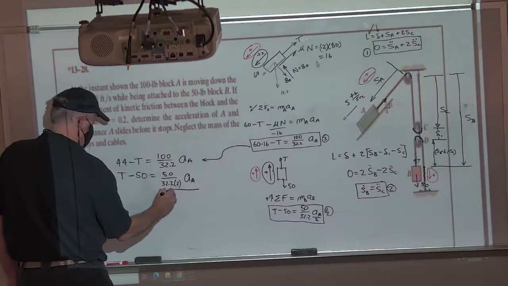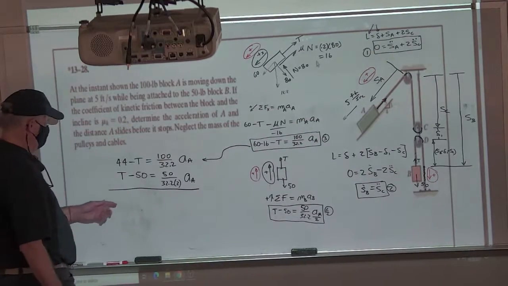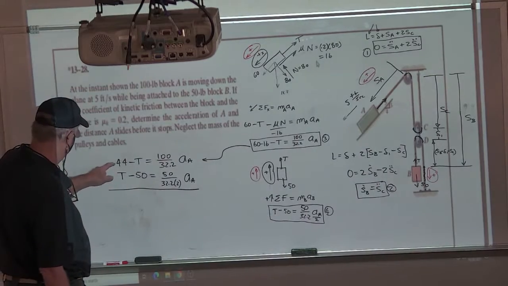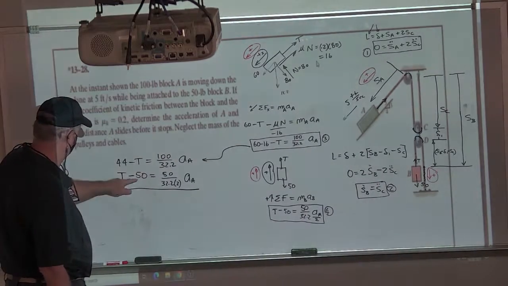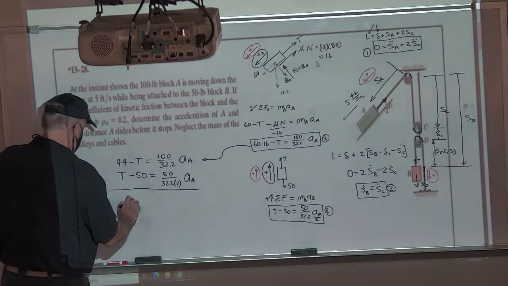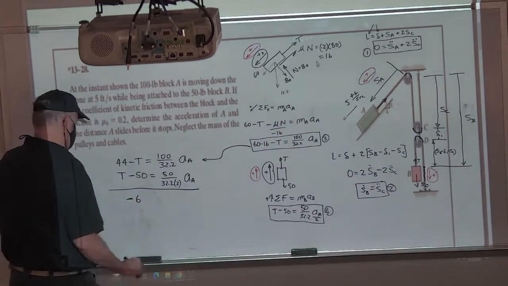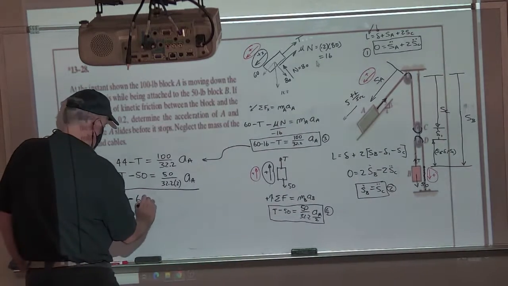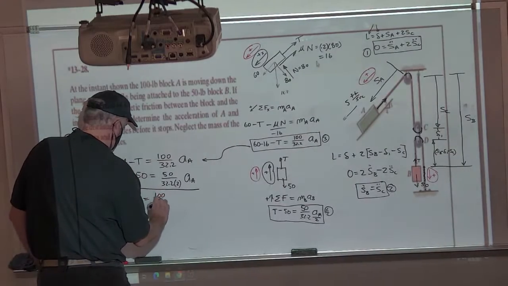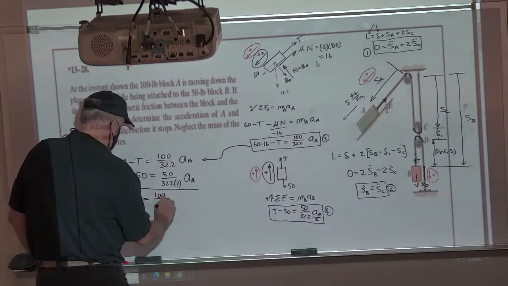Now, you can just add them. 44 and minus 50. T and minus T. I'm adding them, remember.